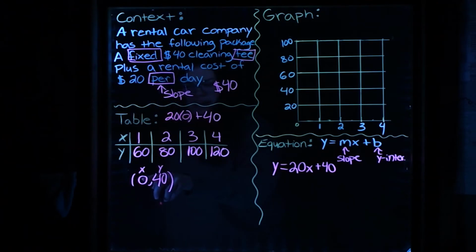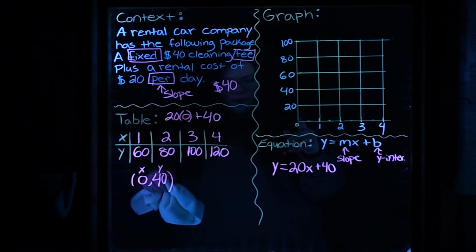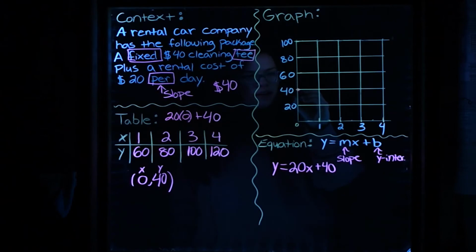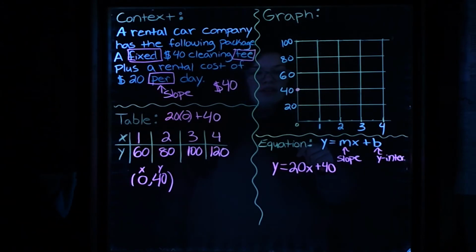So I now know my 0 on the x and my 40 on the y. That's my starting point. I start my line off right there. That's how I see my y-intercept on my graph. Whatever point is on this y-intercept line is going to be my y-intercept, because it's intercepting the y-axis.